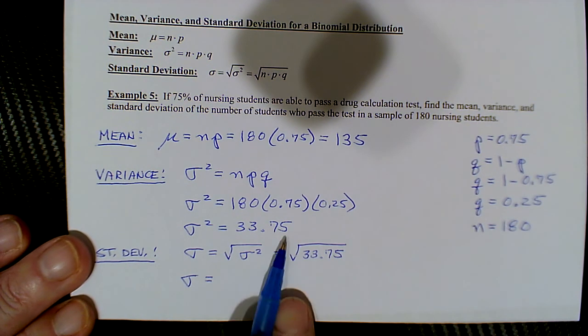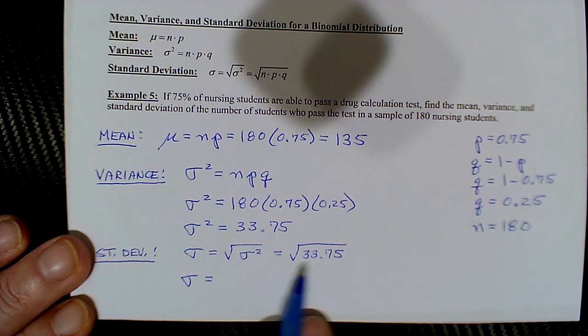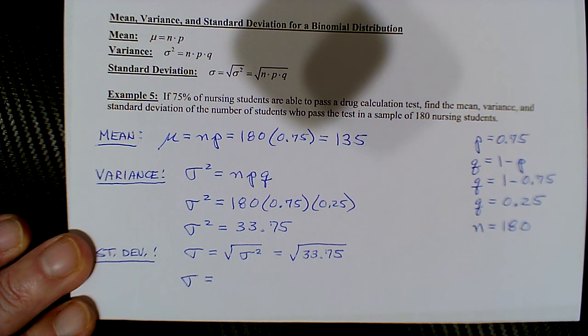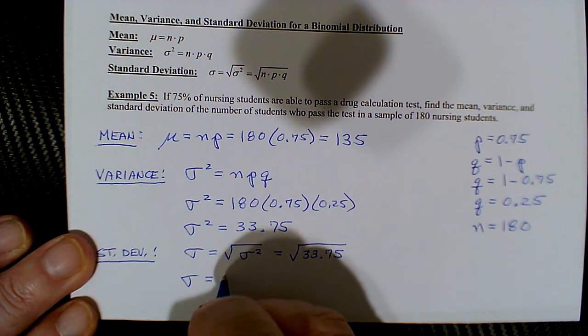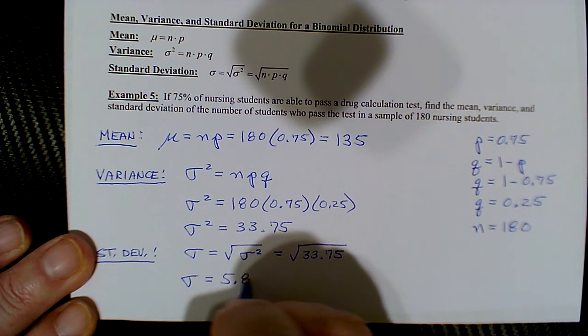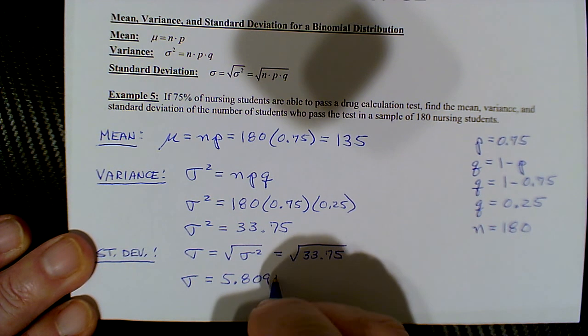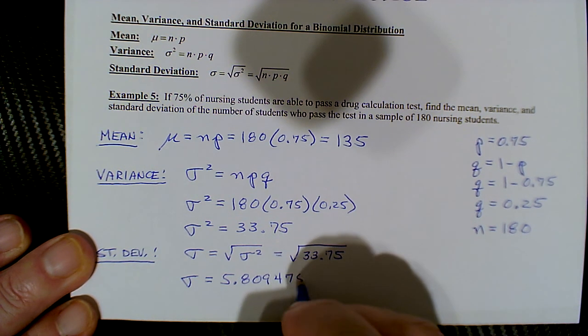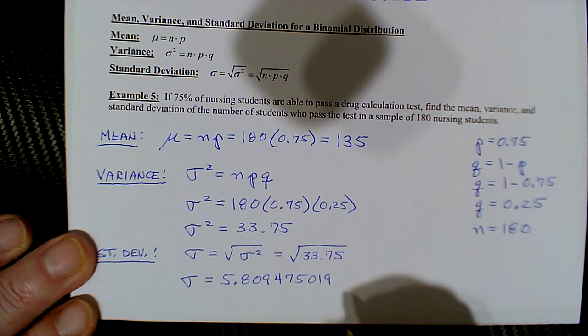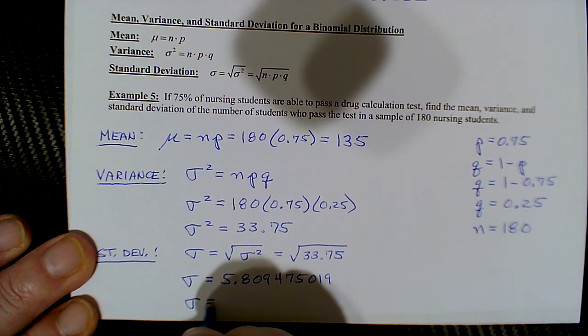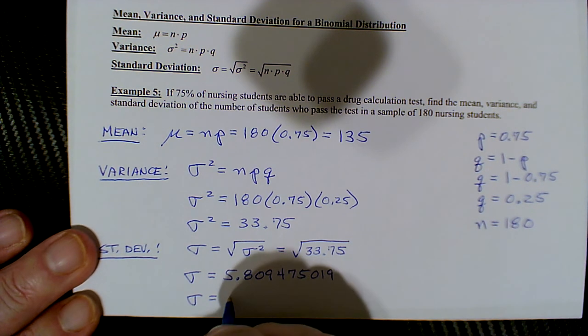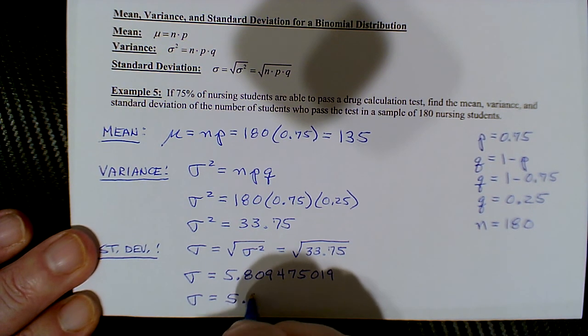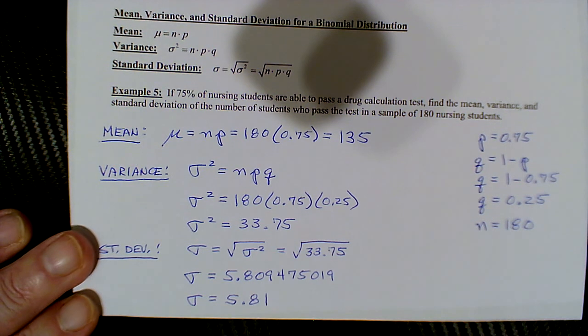Like if you rounded to 34 and then took the square root, you're probably going to lose some accuracy. So you want to include as much as you can of the variance, and you take the square root of that. And that comes out to 5.809475019, but I'll just choose to round it to the nearest hundredth, so 5.81.